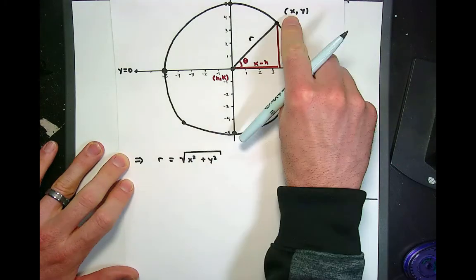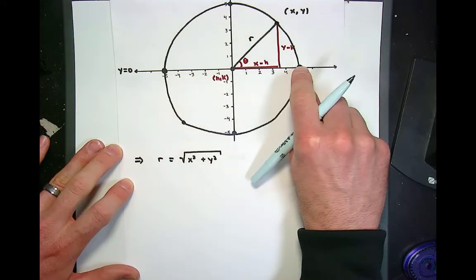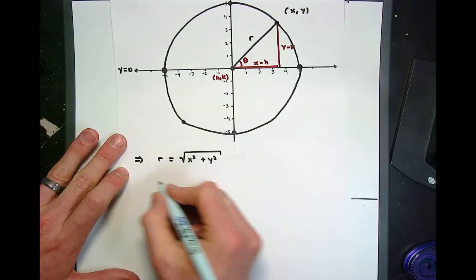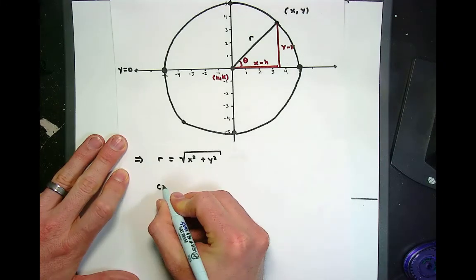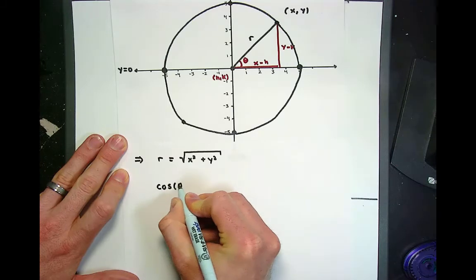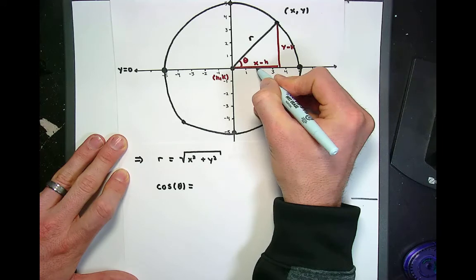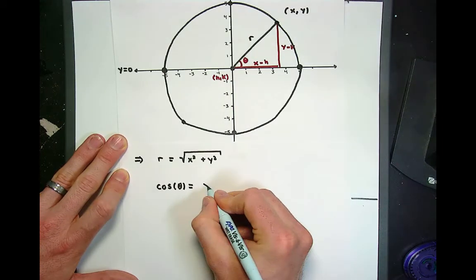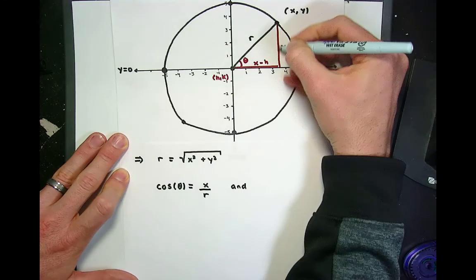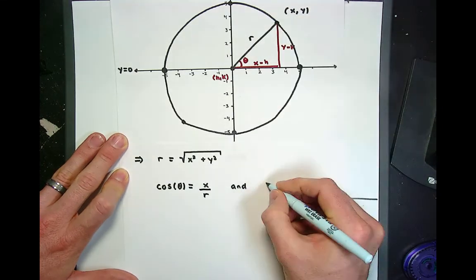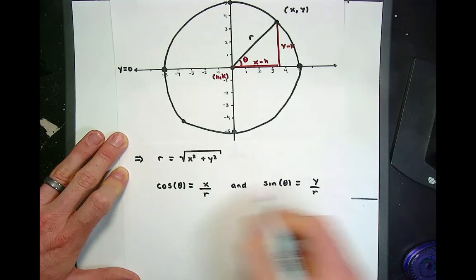And then we also know that x and y, if you looked at these in terms of the angle theta with this original arc there, we would know that the cosine of theta was equal to adjacent over hypotenuse, which is of course x divided by r. And then the sine of theta is opposite over hypotenuse, which is y divided by r.